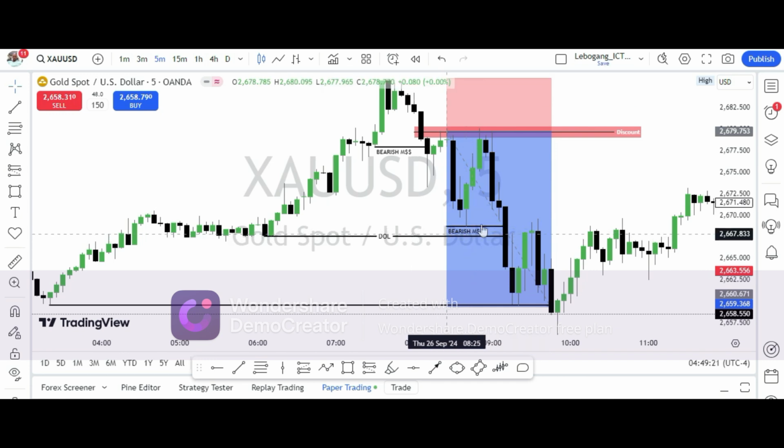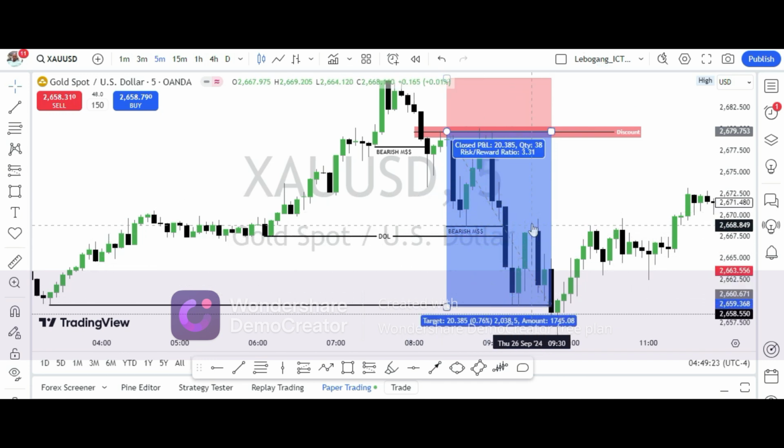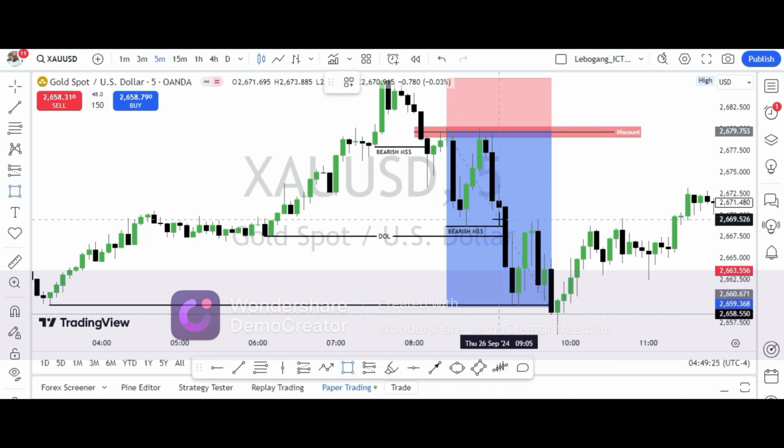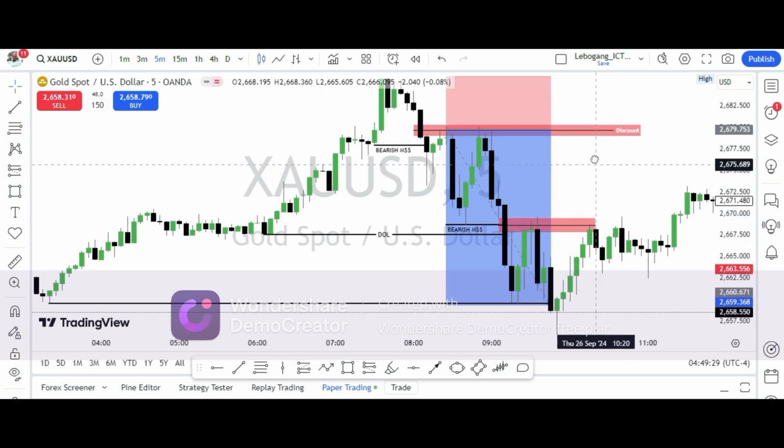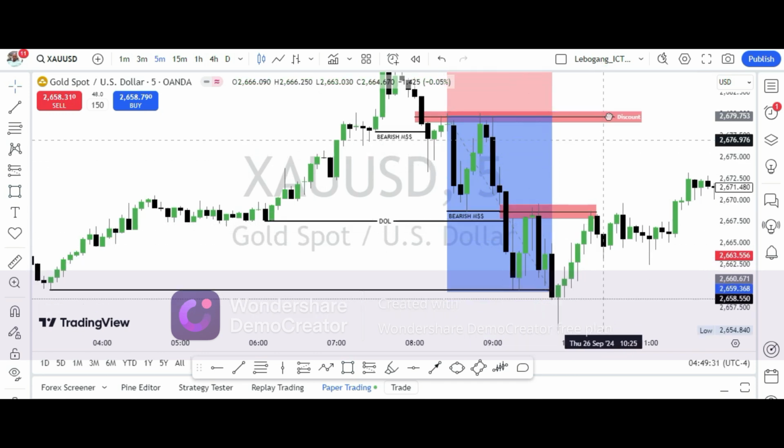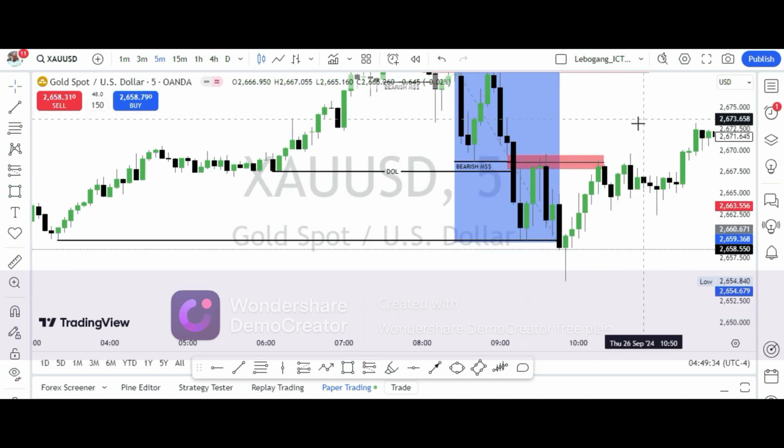So here we had a shift in market structure again. Then price went up. You can measure the fair value gap as well. Price continued to go down a bit and then it went back up.